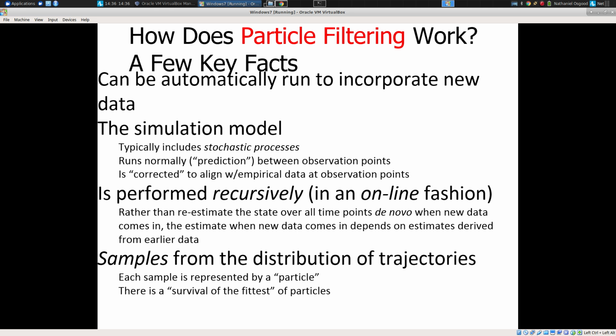And what happens is, between observation points, those hypotheses are just advanced forward. But when new data comes in, there's a survival of the fittest. The hypotheses that are consistent with that new data, where the model is predicting things consistent with the new data that are not at odds with it, those are propagated. Those are viewed as being fit in an evolutionary sense and continued on through a process known as resampling.